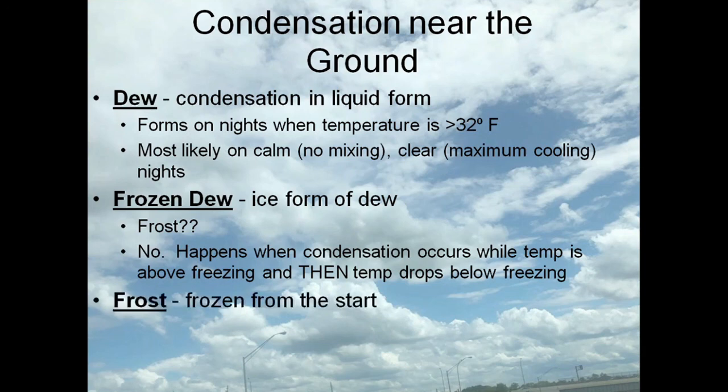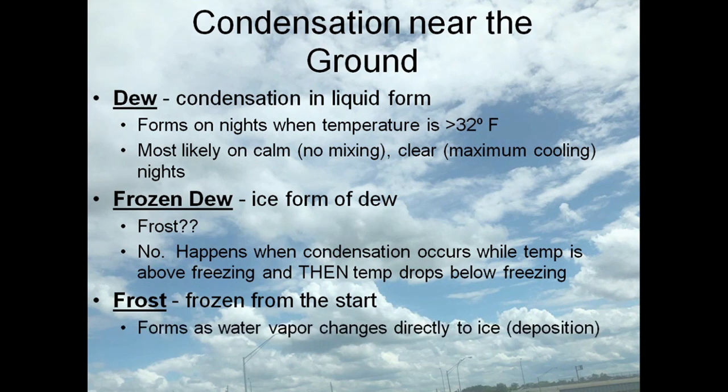Frost is frozen from the start. The water vapor in the air just freezes, changing state straight to a solid onto a surface. That's the frost that you get. That's why it's more like a rime ice. It's more aerated or white in color.